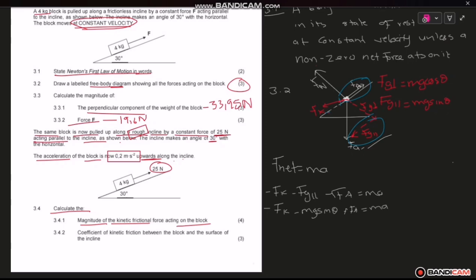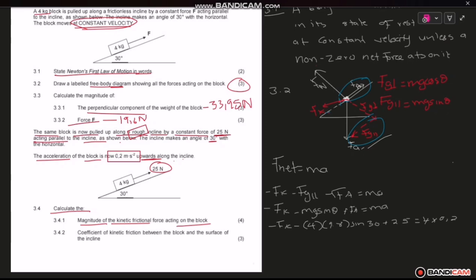Therefore, let us substitute everything that we have. Minus Fk minus, what is the value of m? It is 4 kg into 9.8 sine of 30, plus Fa, which is 25 that we are given, equals 4 times 0.2. When you punch everything in your calculator, negative Fk, let me just use my calculator here.